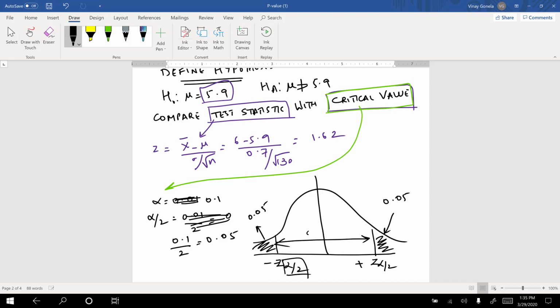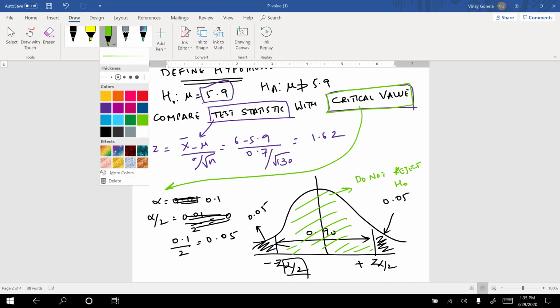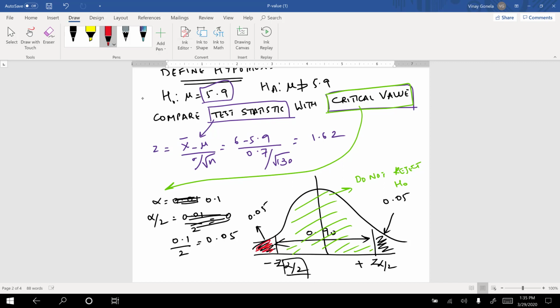thing will be 0.90. So in this area the pressure valve is good, so you do not reject H null. And then in this region and this region you will be rejecting H null.